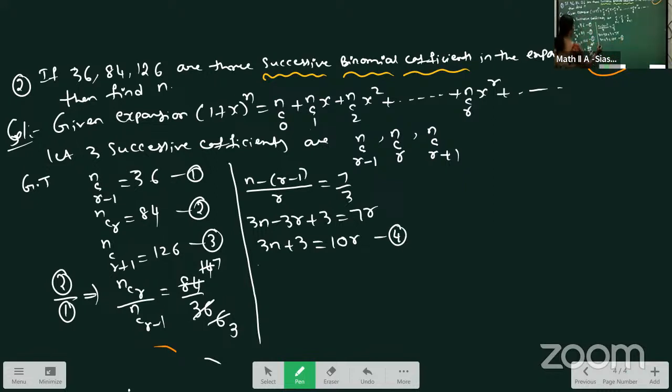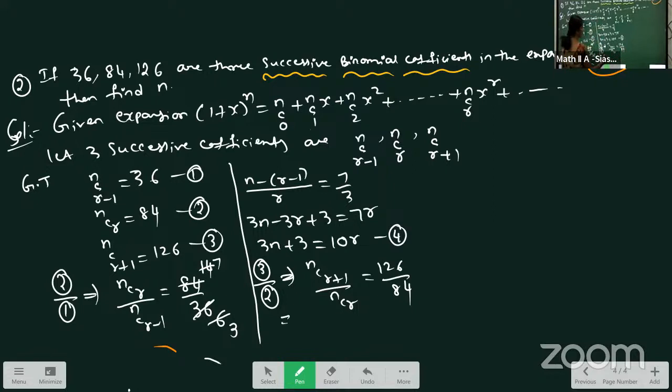Now again, equation 3 divided by equation 2. So here we are getting NCR plus 1 by NCR is equals to 126 by 84.